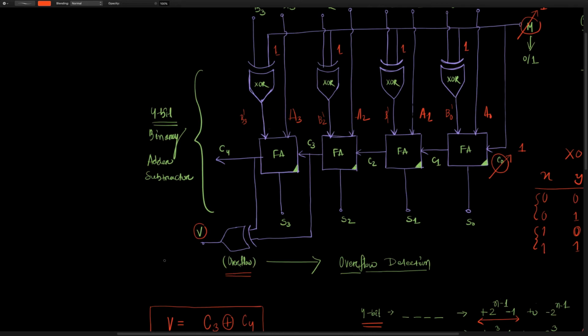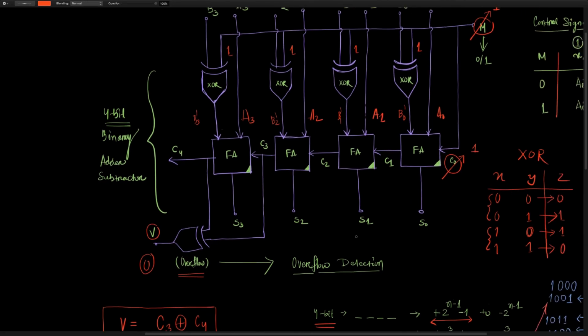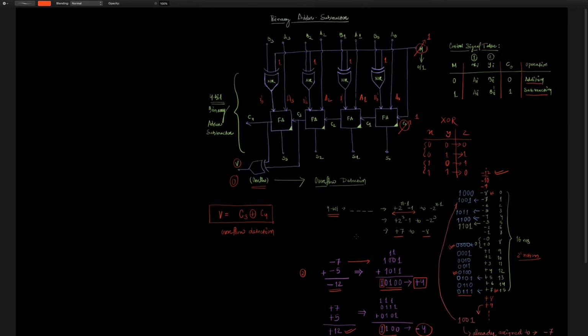If the overflow is 1, then we consider the answer is not right and there is an overflow case. Whenever it is 0, we say that the answer is right. The signed binary number that we got from S3, S2, S1 and S0 is proper, and there is no problem with that. So this is your binary adder and subtractor.